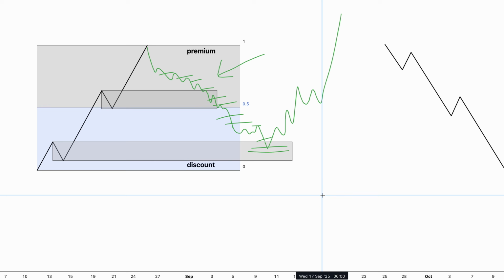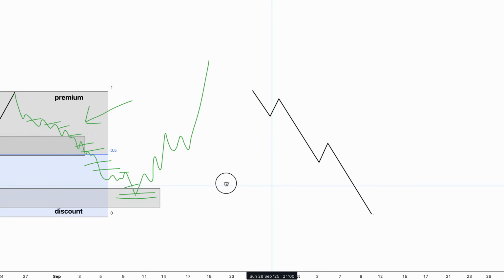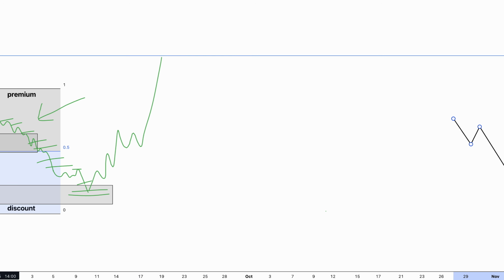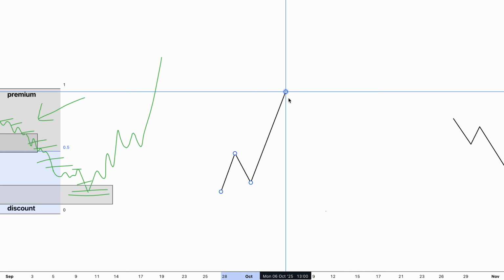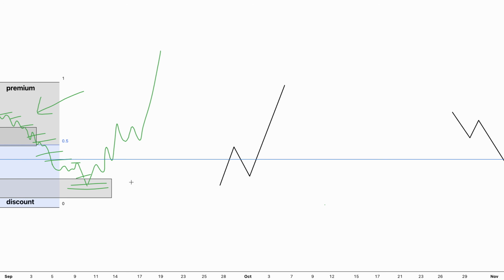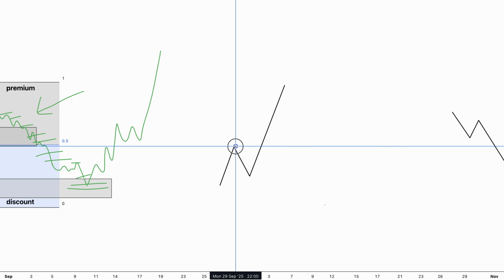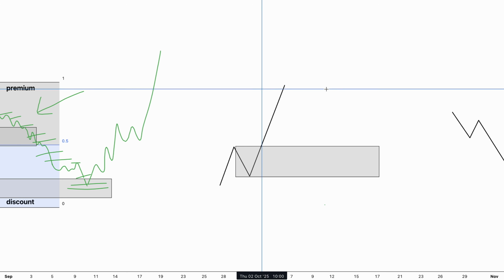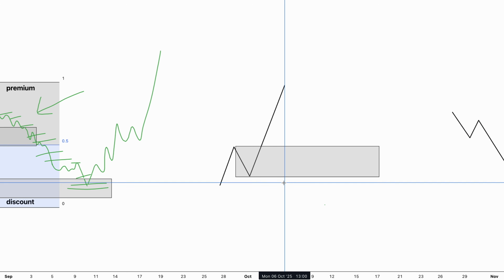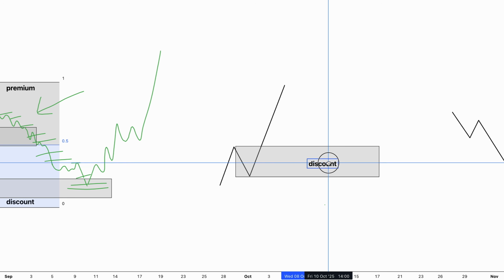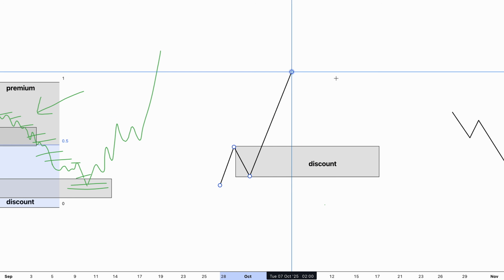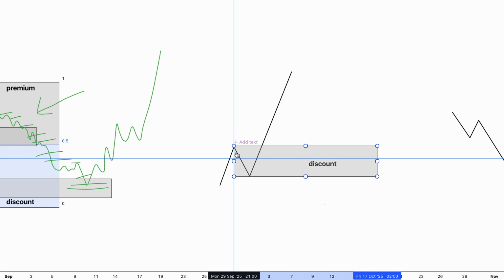Now, if we think about what a demand zone is at its core, a demand zone is simply, in its own right, just a type of discount price area. So within every price movement, the demand zone is basically the low point before the impulse to the upside. So within this given context, this is going to be the most discounted point in the range, right? Why? Because every price preceding or following on from the demand zone is higher than the demand zone itself.